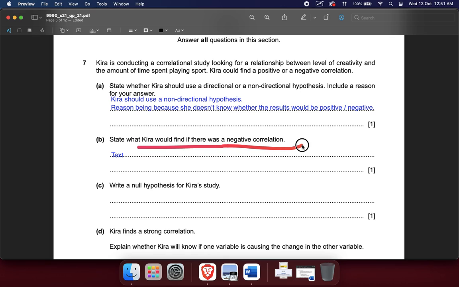So state what would Kira find? What would she find if there was a negative correlation? So we don't know if there's a negative correlation yet, but what if it was? What would the findings be?